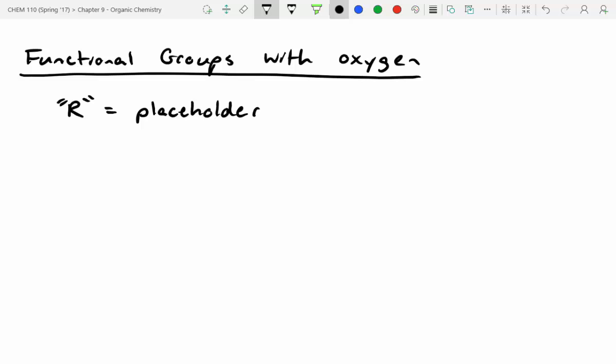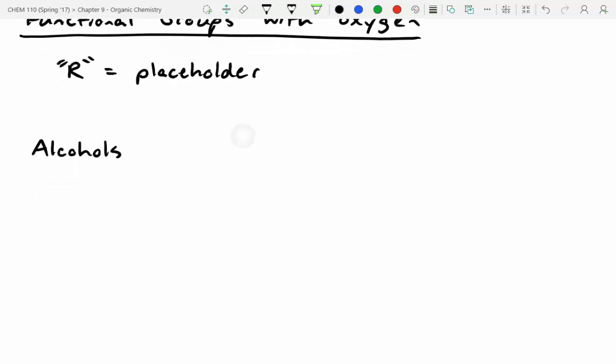It's just basically filling in a gap somewhere. So let's take a look at our first functional group containing oxygen. These are alcohols. The general formula is really easy. The general formula for an alcohol is going to have some sort of placeholder with an OH group coming off of it, right?